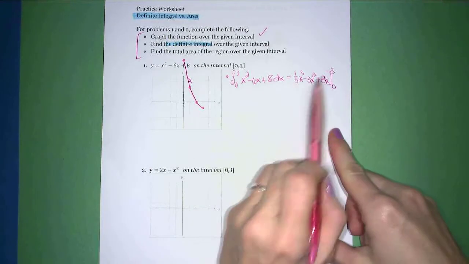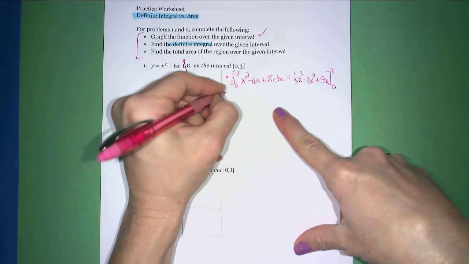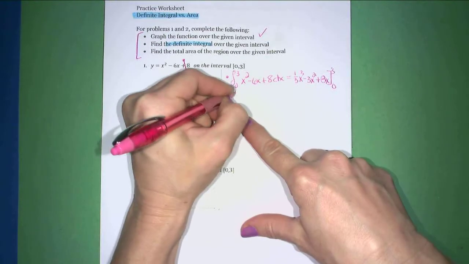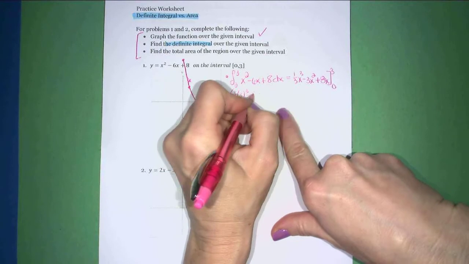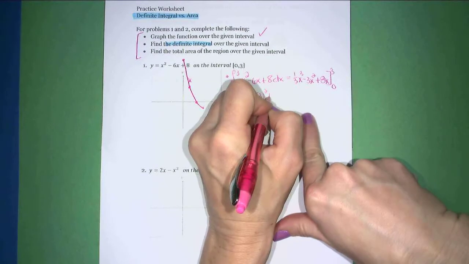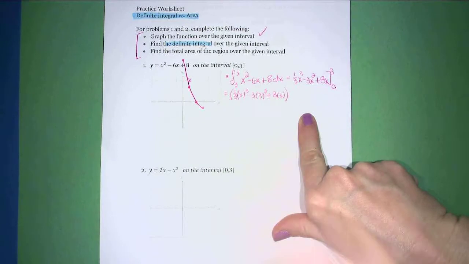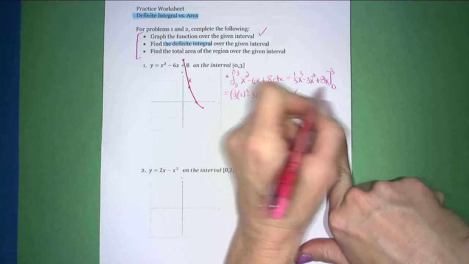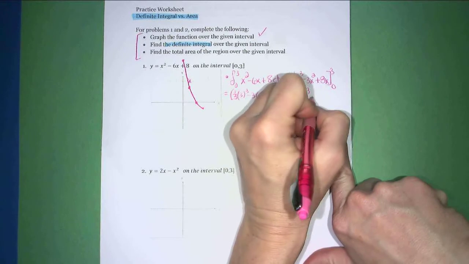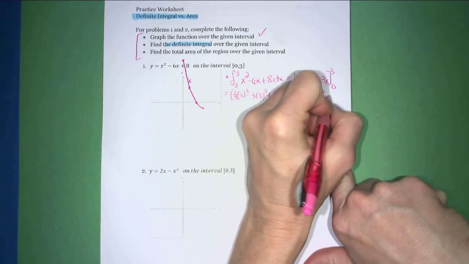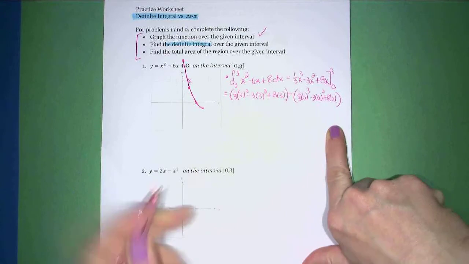All right, now let's plug our 3 in. So I'm going to have 1/3 times 3 to the 3rd minus 3 times 3 squared plus 8 times 3 minus, now I put that 0 in, 1/3 times 0 to the 3rd minus 3 times 0 squared plus 8 times 0.